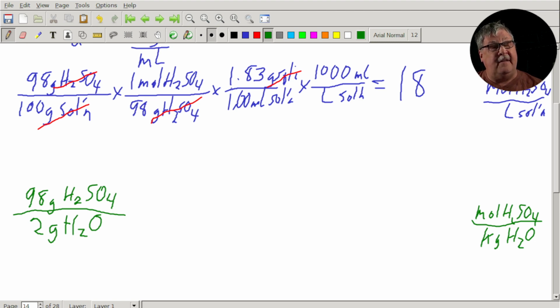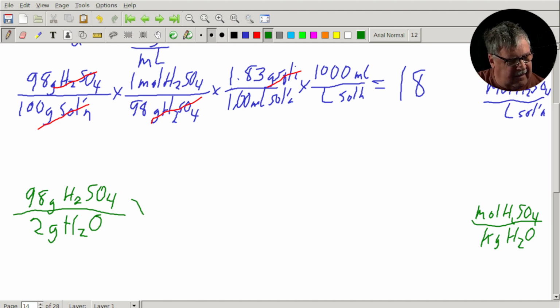All right, so that's the first difference. If you're going to go from percentage by mass to molality, you have to change that denominator into mass of solvent. And you do that by subtracting the mass of the solute from 100 grams. Okay, so if I have 100 grams of this sulfuric acid solution, it's 98 grams sulfuric acid, 2 grams water.